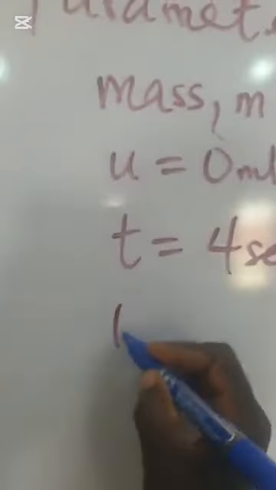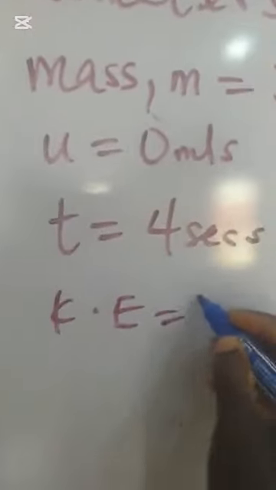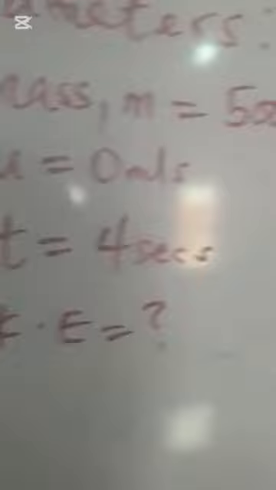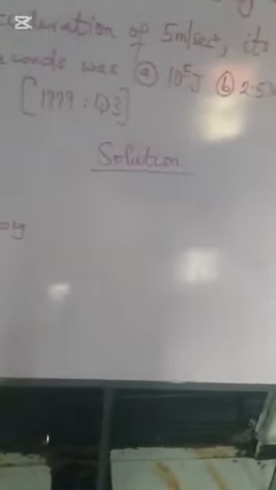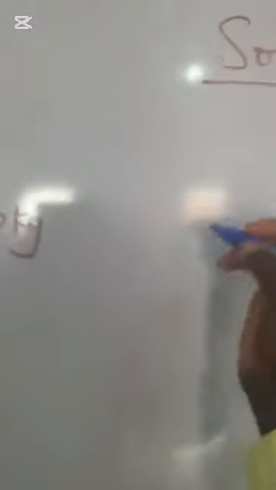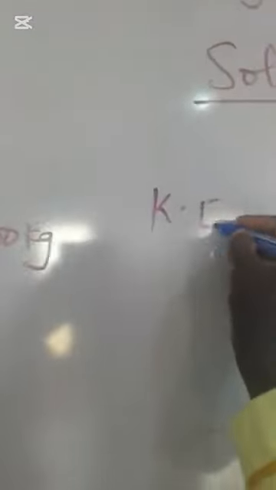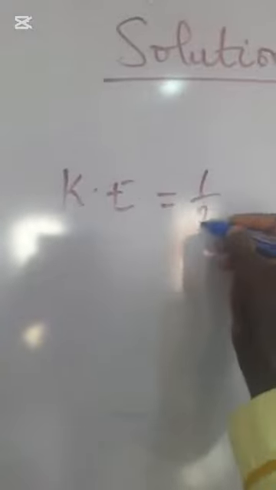Then what are we to find here? They said its kinetic energy after 4 seconds was. So we have to find the kinetic energy. Ke is the unknown. How do we do this? Firstly, we know that the formula for calculating the kinetic energy is Ke equal to half mv squared.